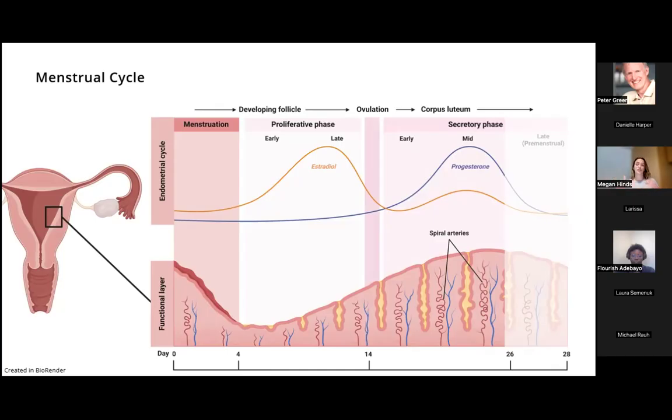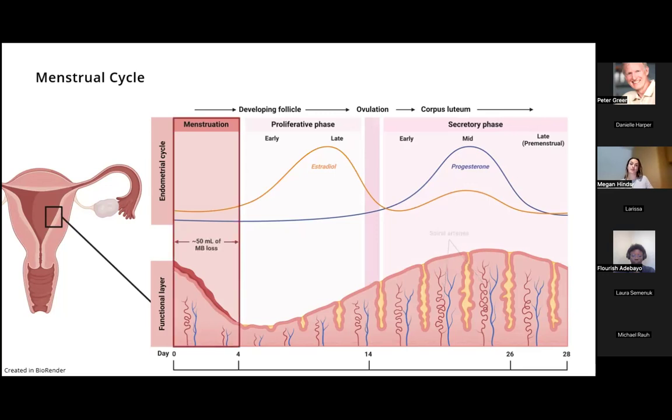So then that shift in hormone levels is going to promote further morphological changes to the cells in the endometrium, specifically throughout the early and mid-secretory phases. And then by the late secretory phase, if no implantation has occurred, those hormone levels plummet. And this sharp decline leads to an increase in local inflammatory mediators, as well as blood vessel constriction, tissue breakdown, and subsequent bleeding.